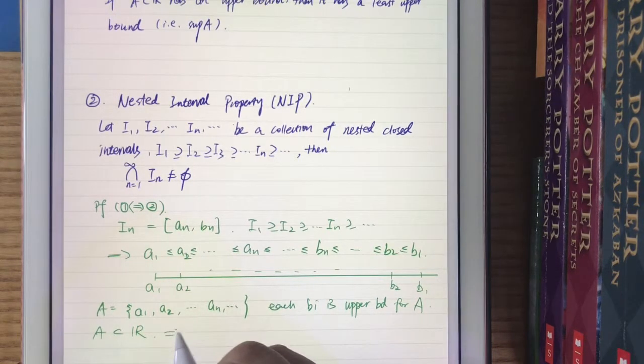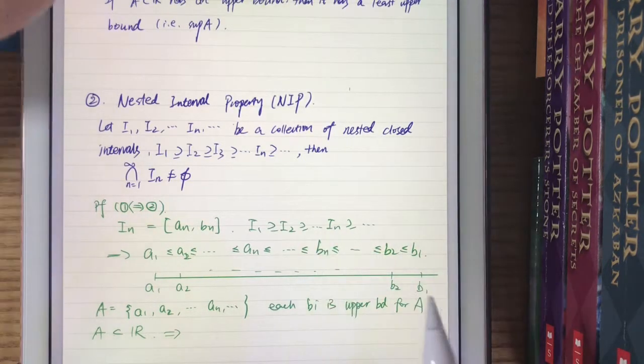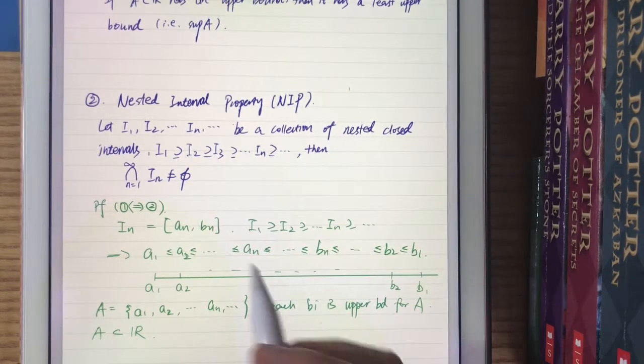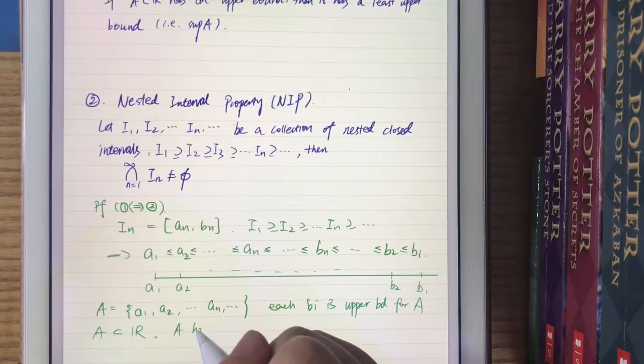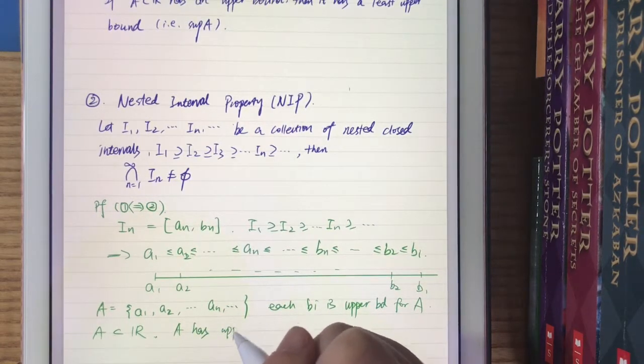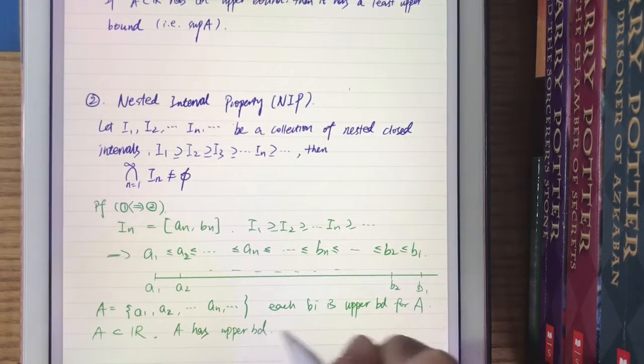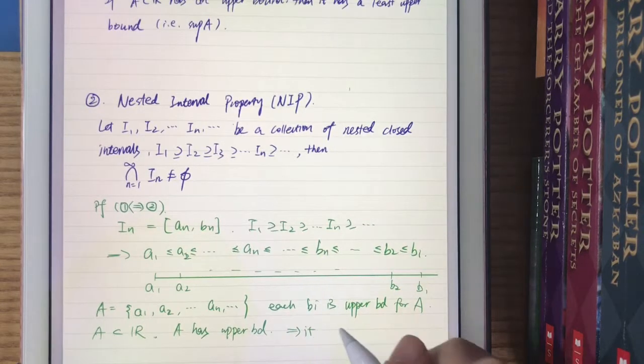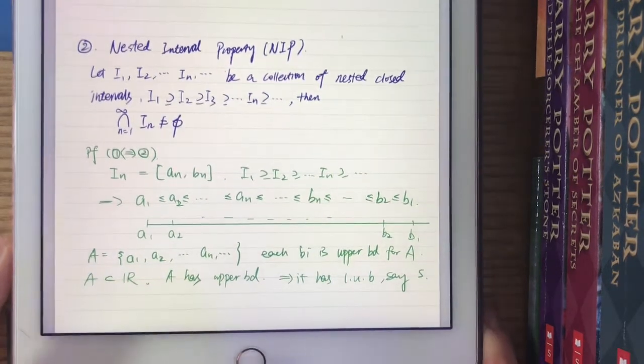Then what we know is that A is contained in R and A has an upper bound. Then it has a least upper bound, say S. Okay.